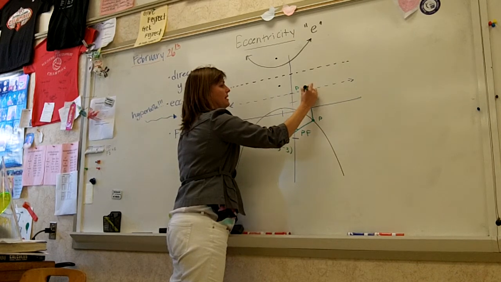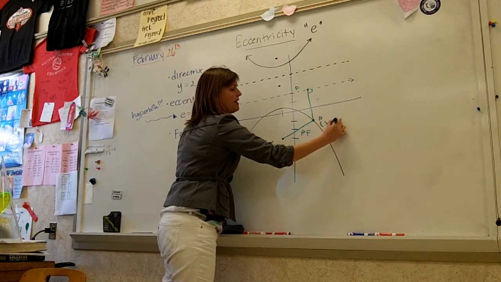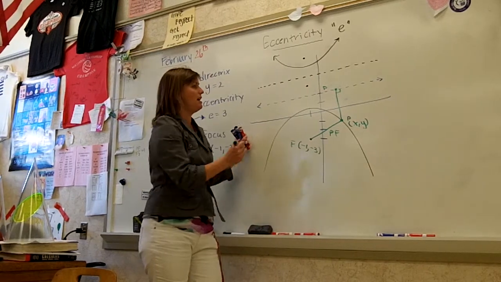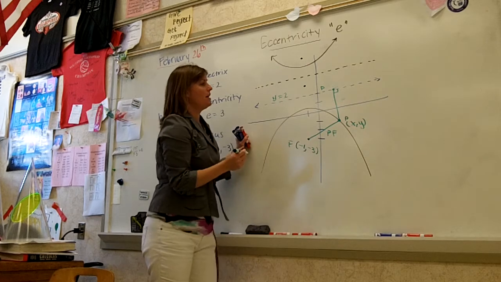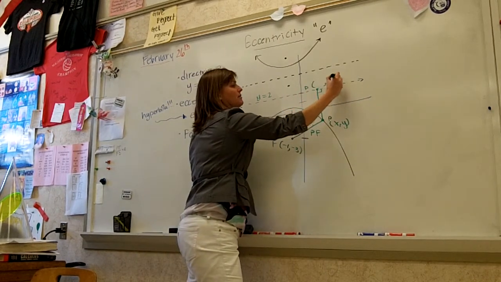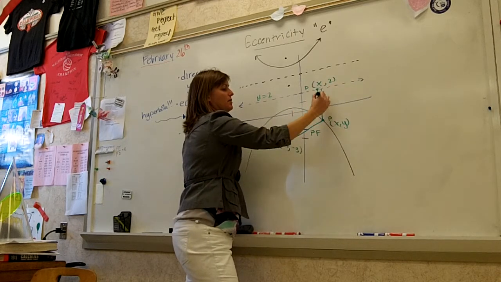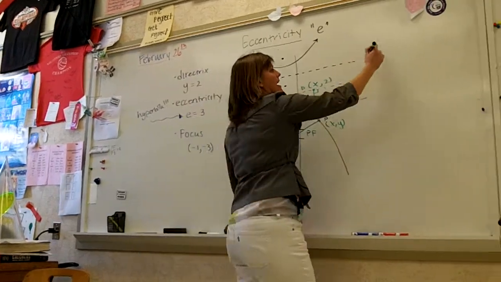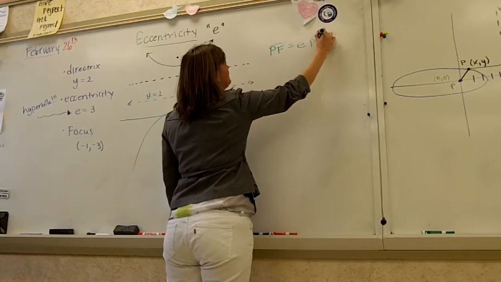That's point D. This point I don't know. Remember, I call that one any point on the curve. I don't know it, so I just call it x, y. I know this is the line y equals 2, so if it's on this line, the y value has to be 2. And they're going to have the same x values because this is perpendicular. So now I just set up my relationship, PF equals ePD.